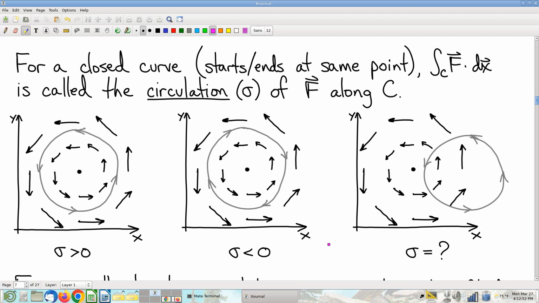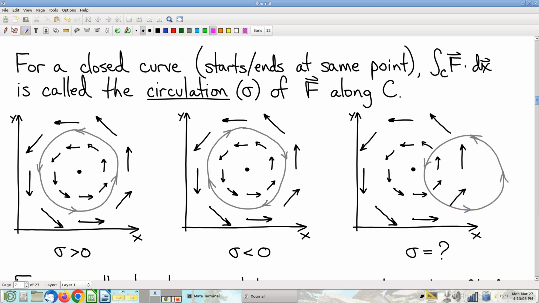So let's look at this example here, though. This curve. The center of the circle is not the same as the center of the rotation of the fluid. And, well, it's just kind of weird here.